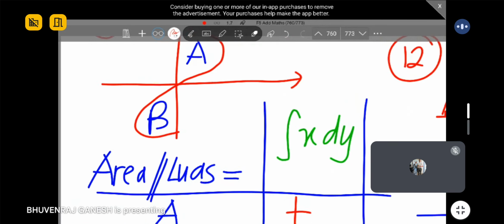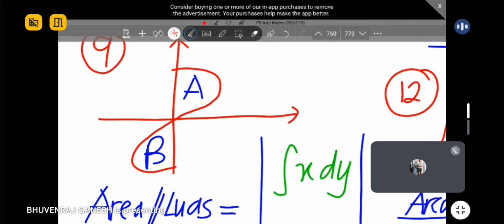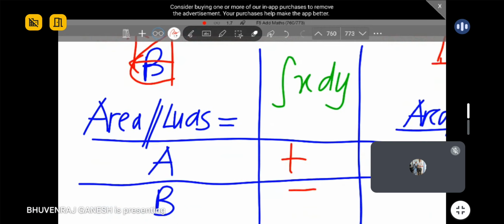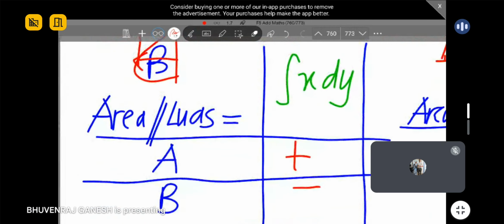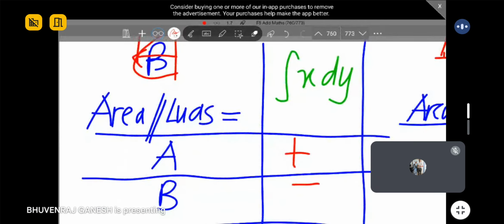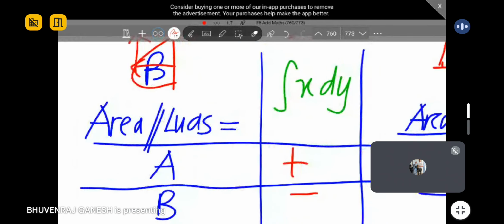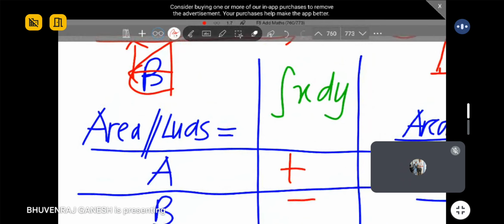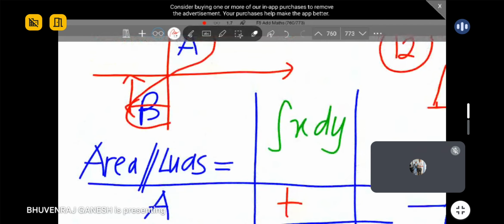Do you all see, guys? For region B, we are using the y limit. So for the y limit, try and look, you will get a negative x value. Am I right? So that's why its area is negative. Understand, guys? So the answer is positive, negative. Clear? Everyone clear on this?